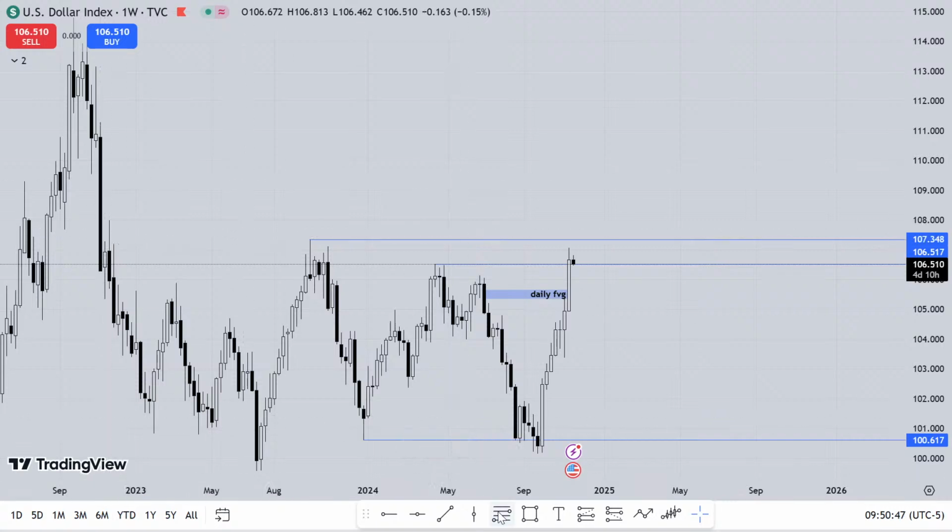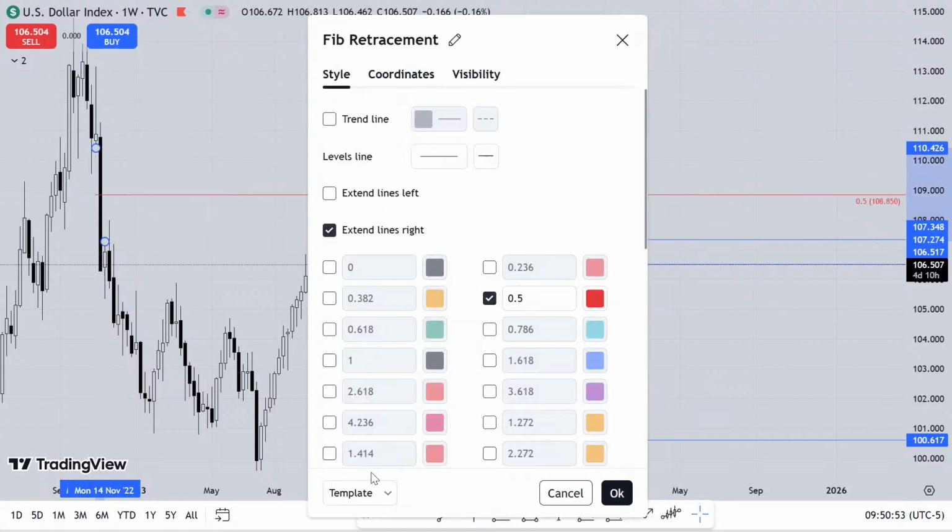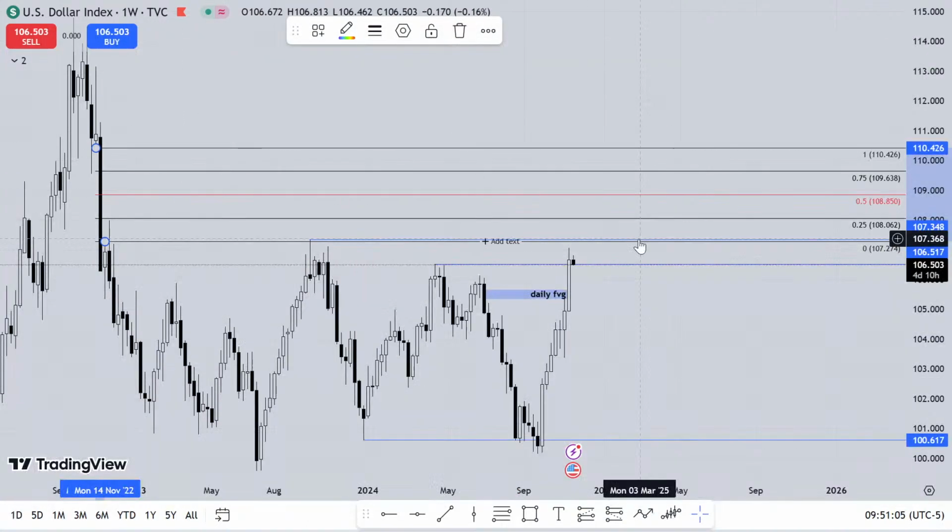If you take your Fibonacci and delineate the quadrants of it, which are the 25%, the 50%, the 75%, and the 100% of that imbalance, this is what I'm trying to drive at. We only traded to the first quadrant of it, meaning price is severely lacking in buy side delivery in this imbalance.